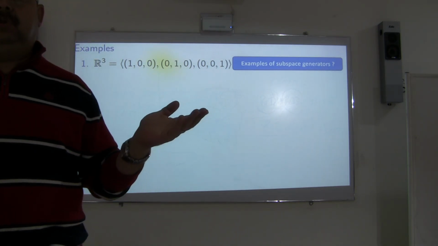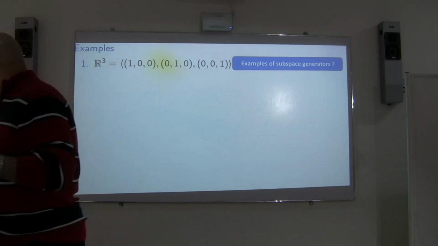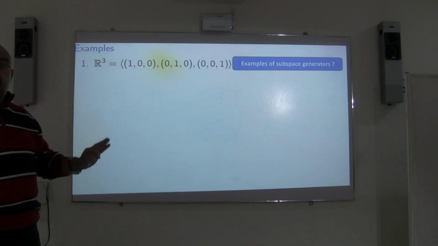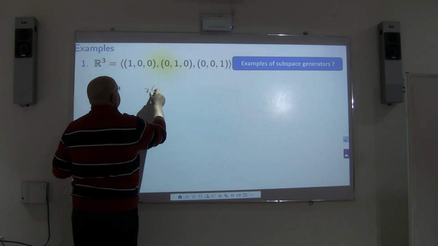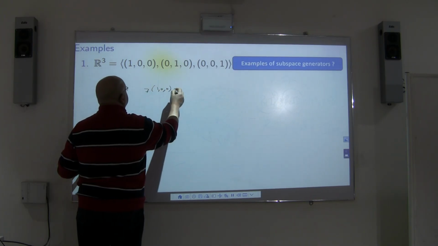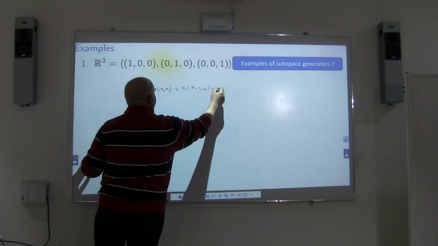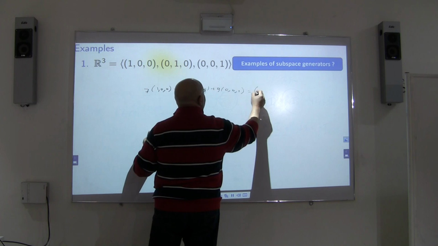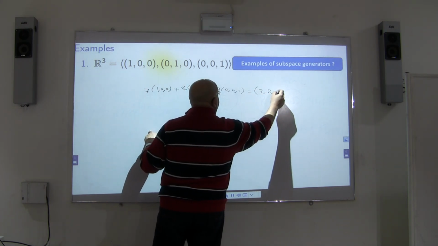Think about any vector that you want to have, say 7, 8, and 9. It's really very easy to do. All I have to do is multiply 7 times 1, 0, 0, plus 8 times 0, 1, 0, plus 9 times 0, 0, 1, and then I will have the vector 7, 8, 9.